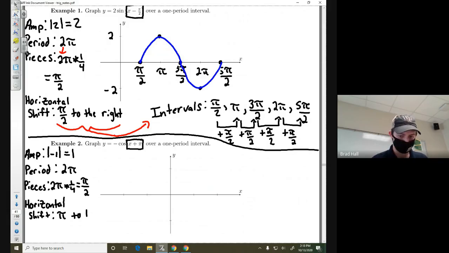It's going to be to the left, because when you add pi, remember, it's the opposite direction. Adding pi means you go to the left pi units. So we're not starting at 0. Whatever that initial point of 0 was, we now shift that to the left.